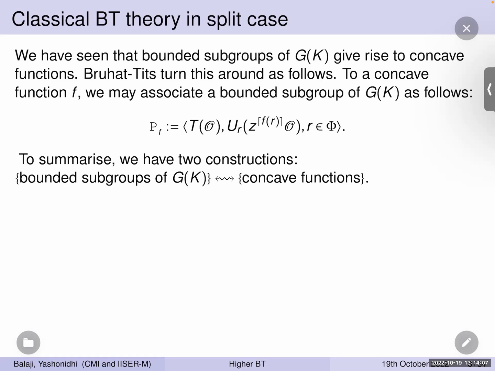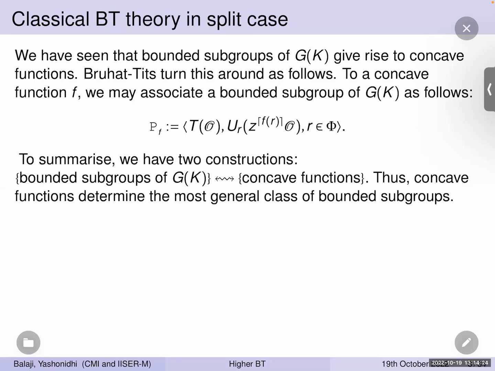To summarize, we have two constructions. From bounded subgroups of G(K), we have seen how they give rise to concave functions. And from concave functions, we have a construction of bounded subgroups of G(K). Thus, concave functions determine the most general class of bounded subgroups.